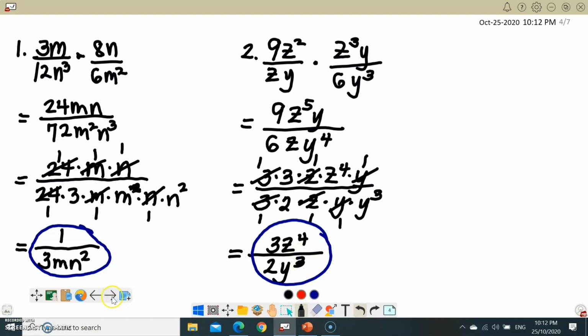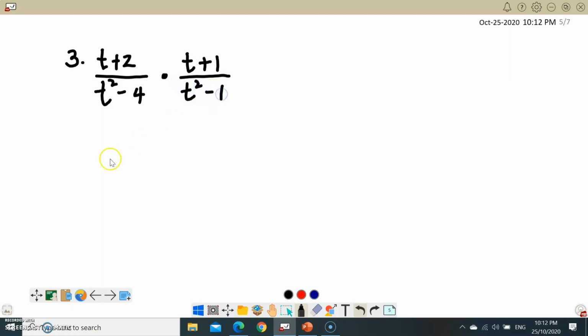Let's have example number 3. T plus 2 over t squared minus 4 multiplied by t plus 1 over t squared minus 1.